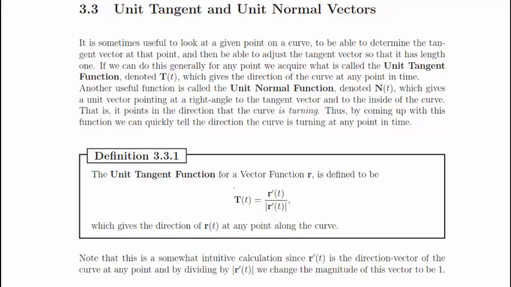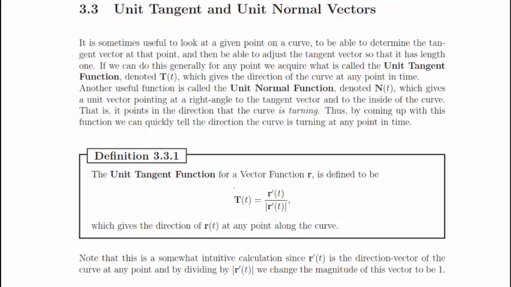If we can do this generally for any point, we acquire what is called the unit tangent function, denoted capital T of t, which gives the direction of the curve at any point in time. It has a length of 1, so it's not going to tell us anything about velocity or anything like that. It's just going to give us the direction.